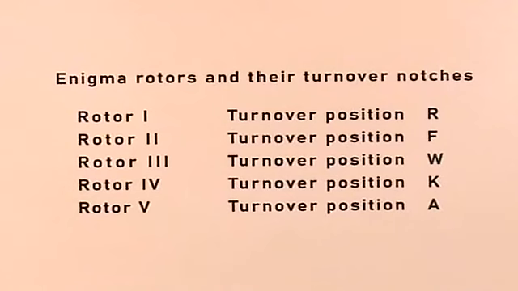The rotor Roman 1 has its transfer notch at the letter R. The rotor Roman 2 has its transfer notch at the letter F. The rotor Roman 3 has its transfer notch at the letter W. The rotor Roman 4 has its transfer notch at the letter K. And the rotor 5 has its transfer notch at the letter A.